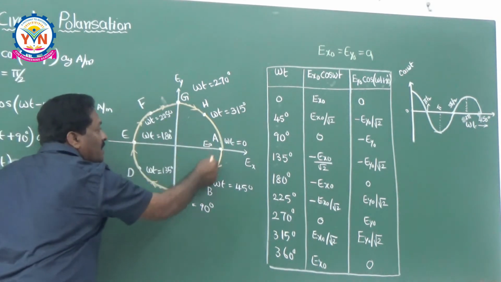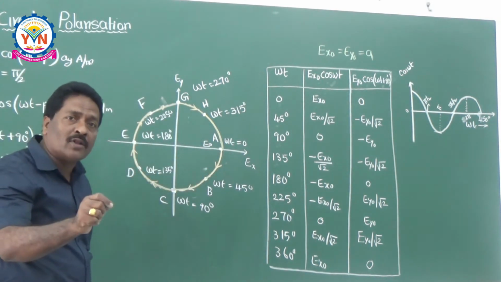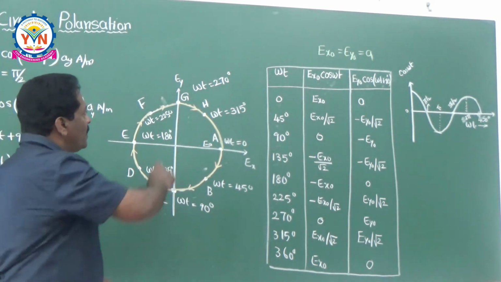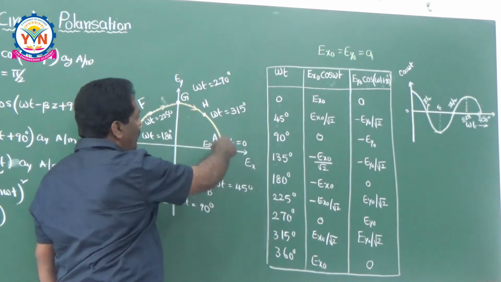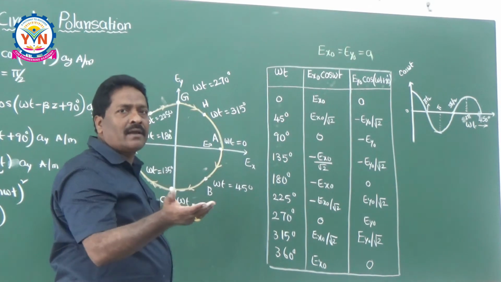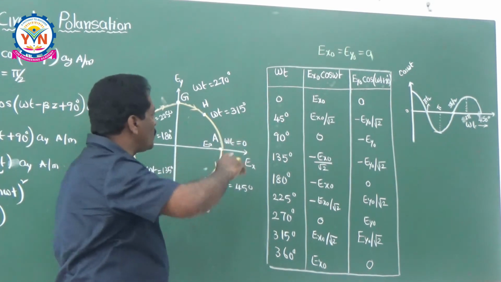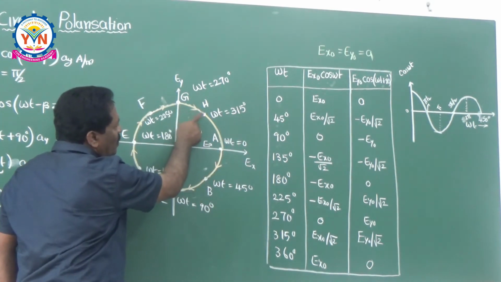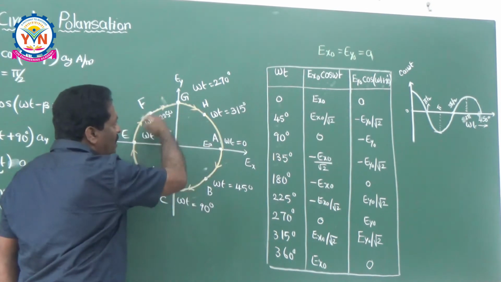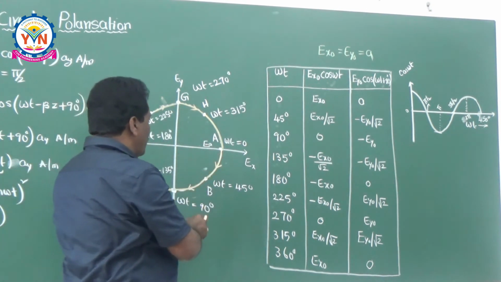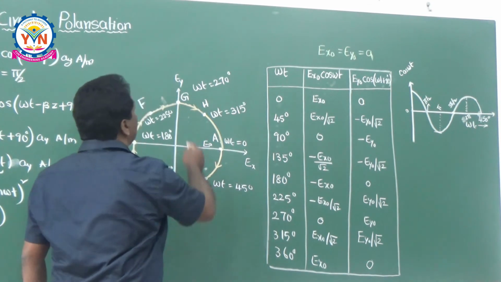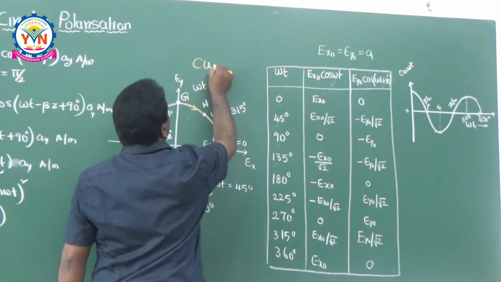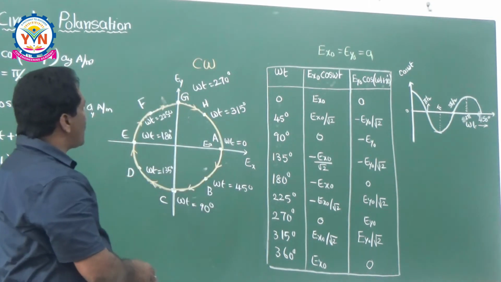Whenever you see this circle, what is this movement? It is a clockwise movement, CW. If you take a clock, how does the clock rotate? From 12 o'clock to 1, 2, 3. So it is a clockwise movement.